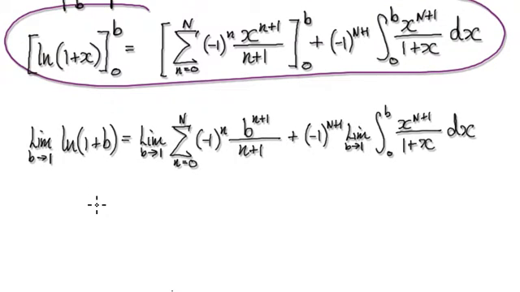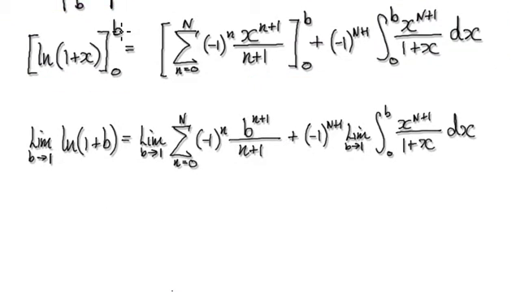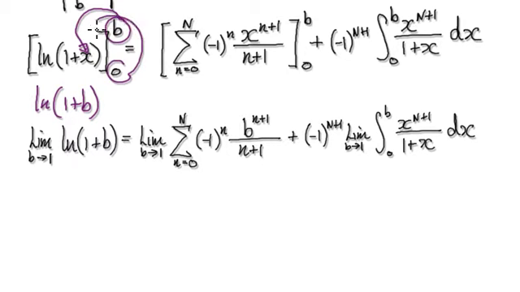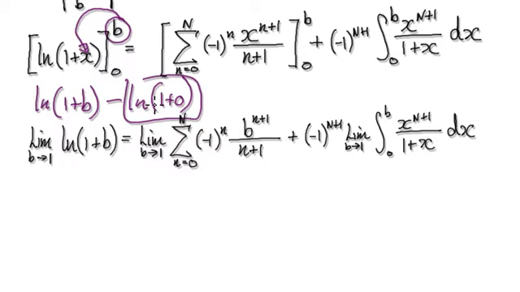So now if you put b into here, that will be natural log of 1 plus b, and then put 0 into here, so that will be take away natural log of 1 plus 0. Now natural log of 1 is 0, so this thing here disappears, and all you're left with is this.